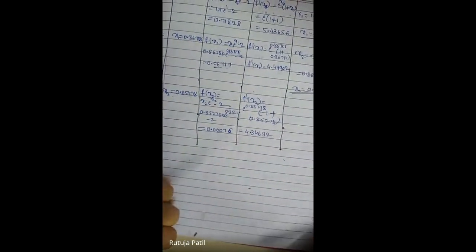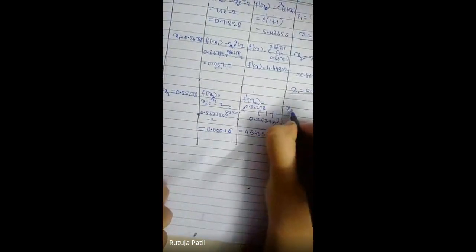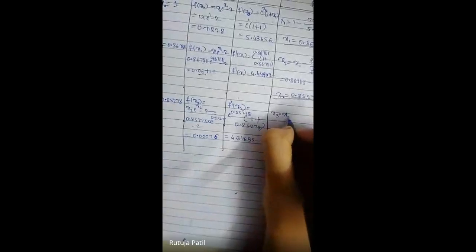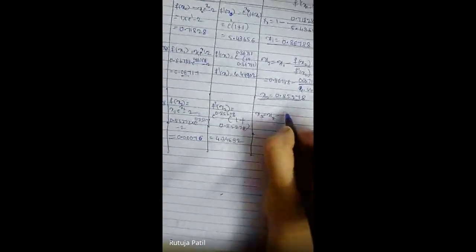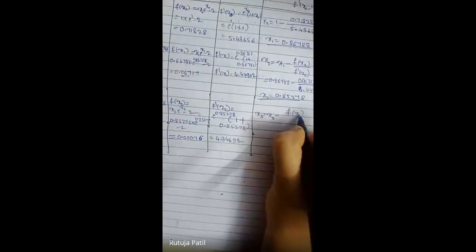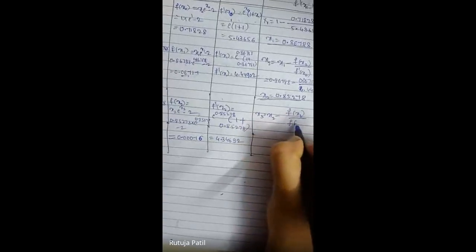Now next, we have to find the x3 value. So how do we find x3? That is x2 minus f of x2 divided by f dash of x2. So what is x2?